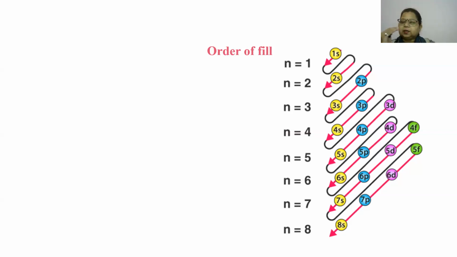Please do not discuss. What is the name? This is a diagram, or the method of filling the electrons in the different orbitals, right? Now, can someone tell me what is the name given to this particular diagram?